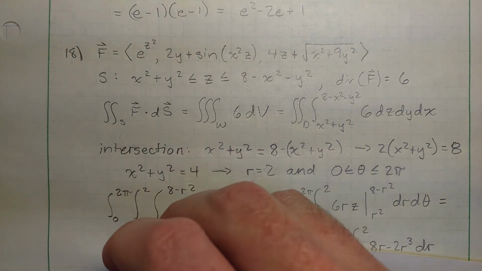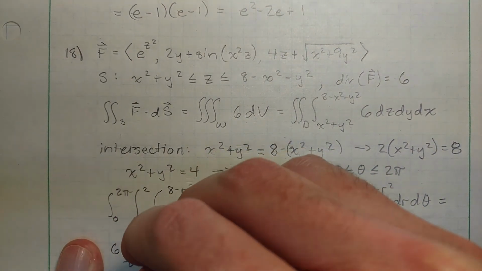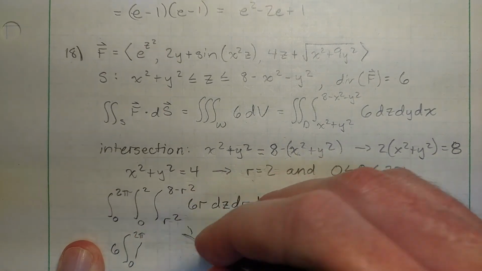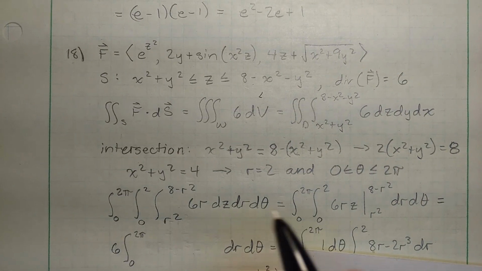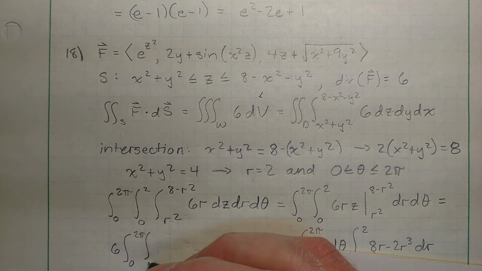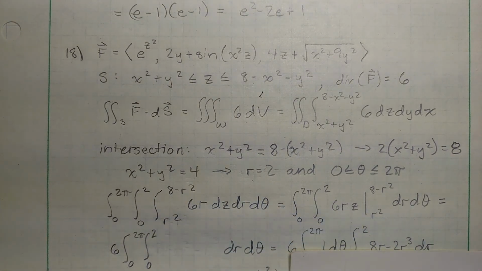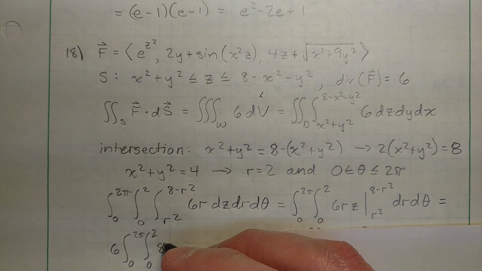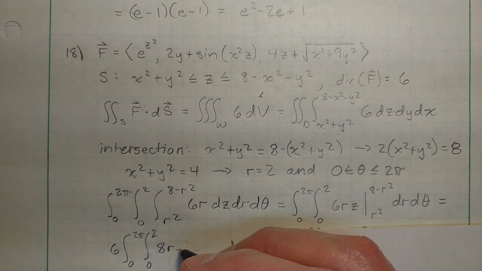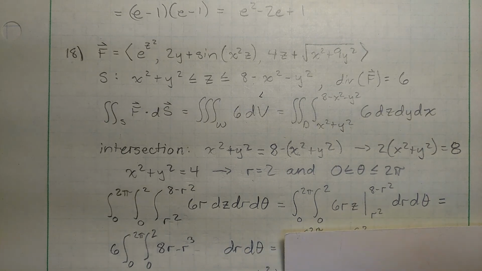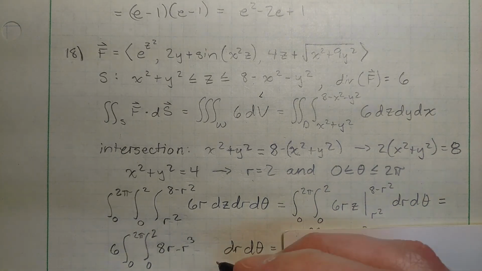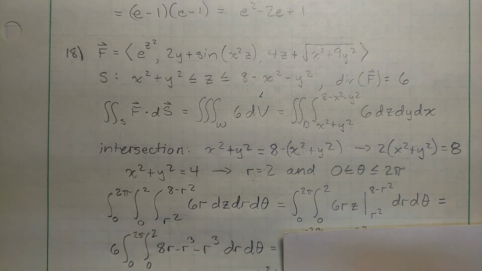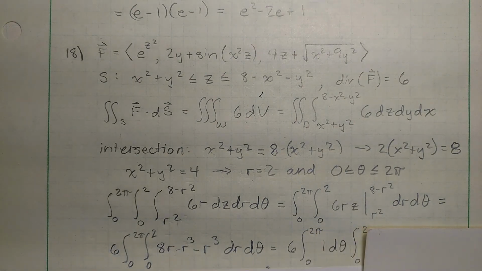Let's see if we can change this, since I made a mistake and just didn't write it in. So this is going to be our integral 0 to 2, and with a 6 out, we're going to have 8r minus r cubed, minus another r cubed, like that.